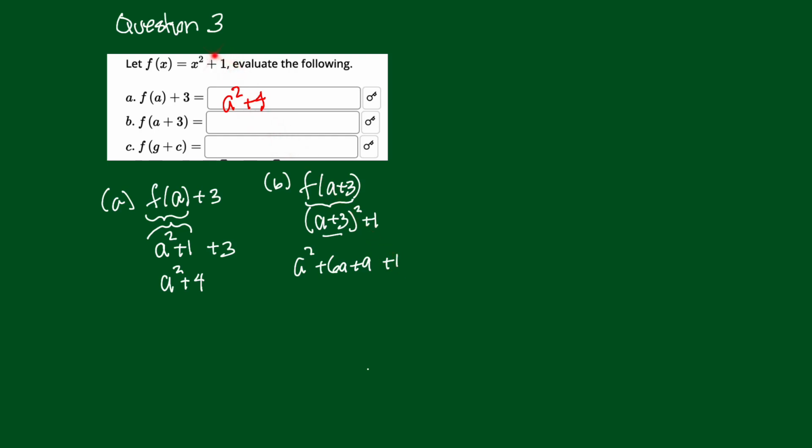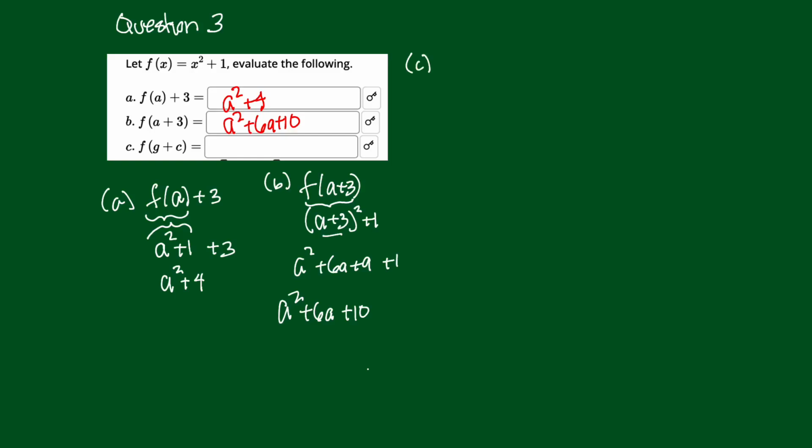This part right here, a squared plus 6a plus 9, is the x squared part of it. I can add these two together here. So we're going to get a squared plus 6a plus 10. So let's put that into our field here: a squared plus 6a plus 10.